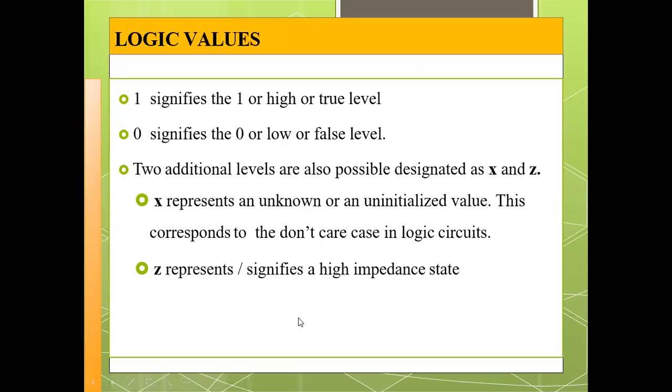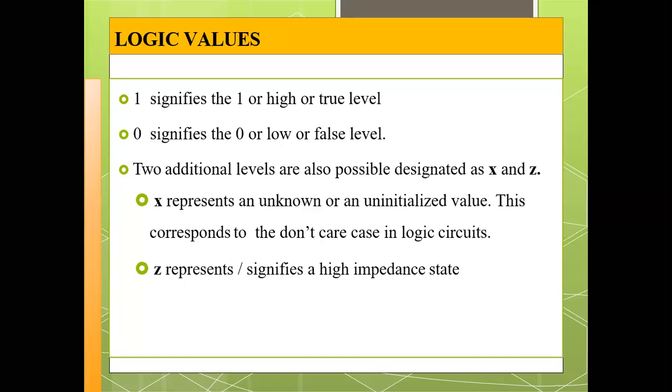Okay. So far we have seen the indications of different numbers, either an integer number or a real number, and also in the indication of integer numbers we have different types of indications. Those things we have clearly seen. Now we'll see the logic values.